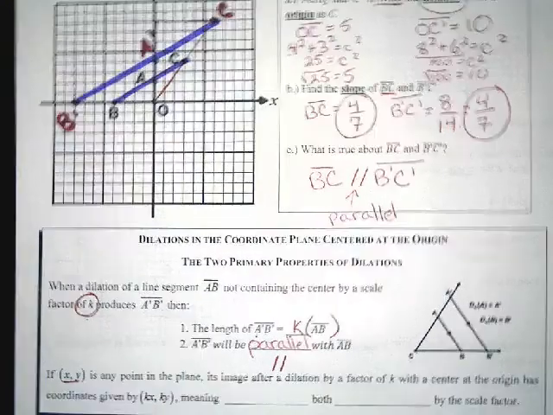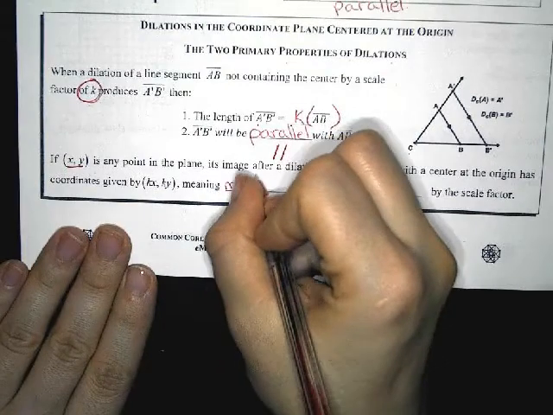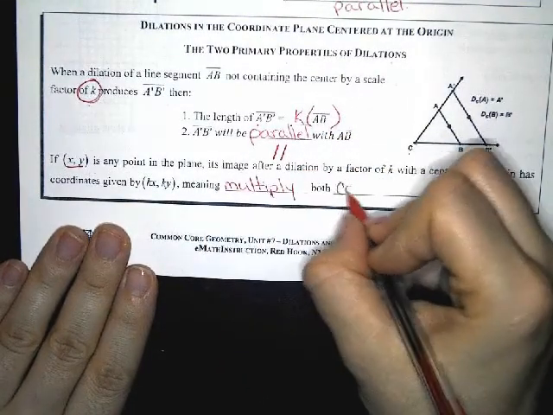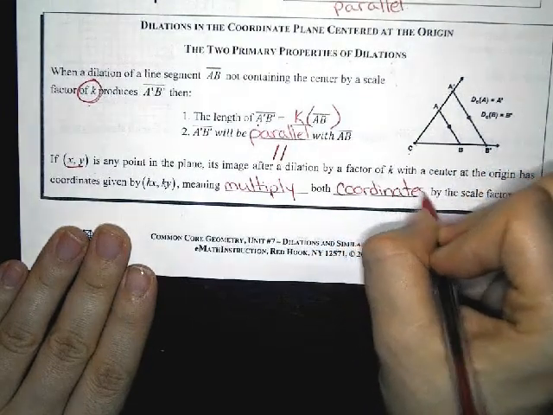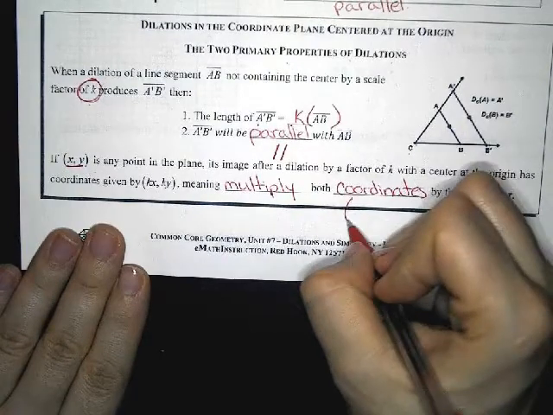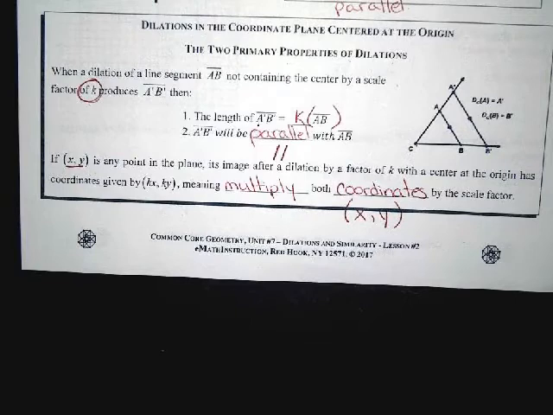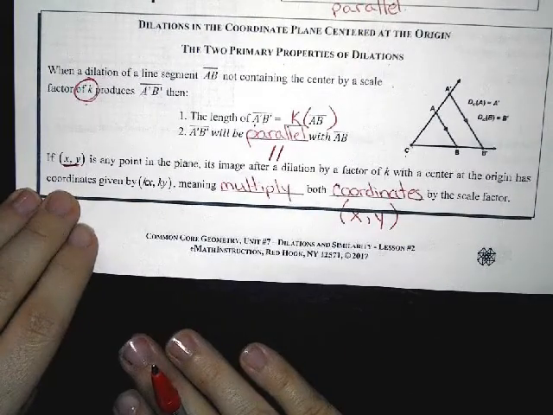Okay, it means that you're multiplying both coordinates by the scale factor, meaning the x comma y pair. Okay, there's 4 points. You would multiply all 4 by that scale factor. Okay, flipping it over to the back.